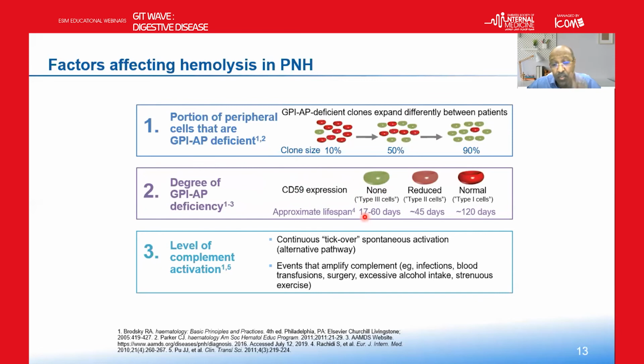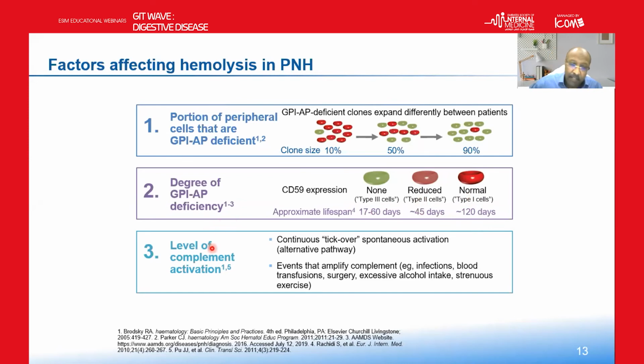This will reduce their lifespan significantly from the normal cell, which is a type 1, which has normal expression. The normal red cell lifespan is 120 days. A type 3 cell can go down to only 17 days. It can be a type 2 cell, with moderate deficiency, and the lifespan will be about 45 days.